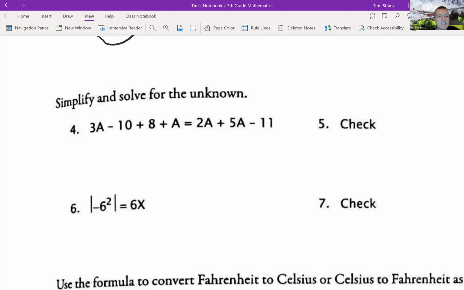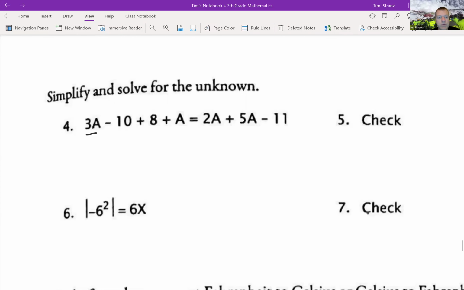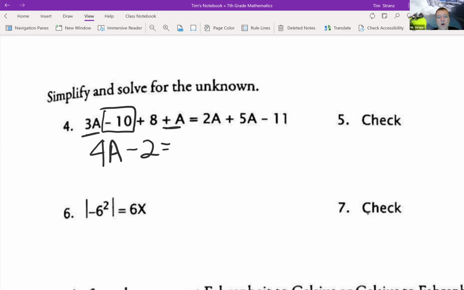Anyways, okay, so simplify and solve for the unknown. Looking at the left side of the equation, we have 3a plus 1a is going to give me 4a. Okay, I got negative 10, plus 8 is going to give me a negative 2. On the right side, I got 2a plus 5a, 7a minus 11.